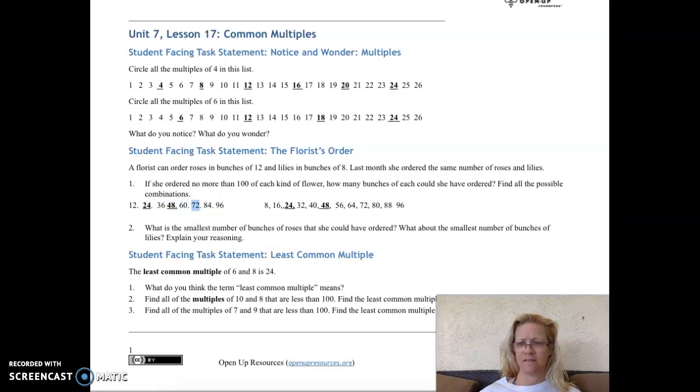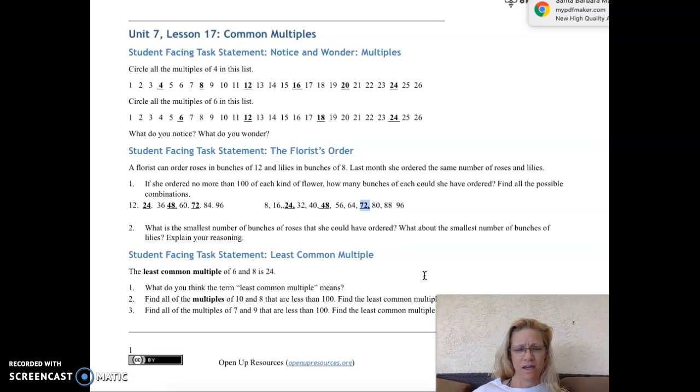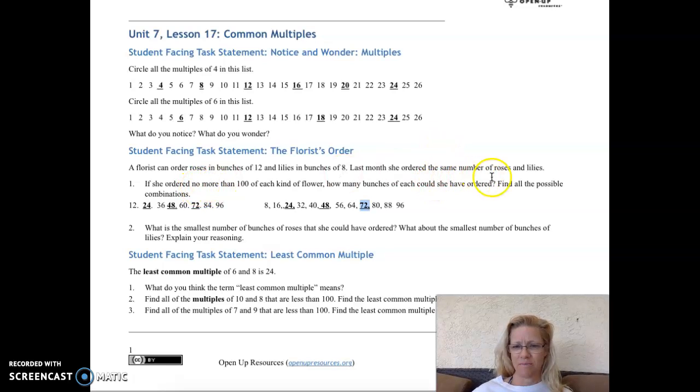Yes. Okay, so I'm going to highlight that because they both are multiples of 72. And I know that I can order the same amount because that's what they're asking me to do. Okay, she ordered the same number of roses and lilies.